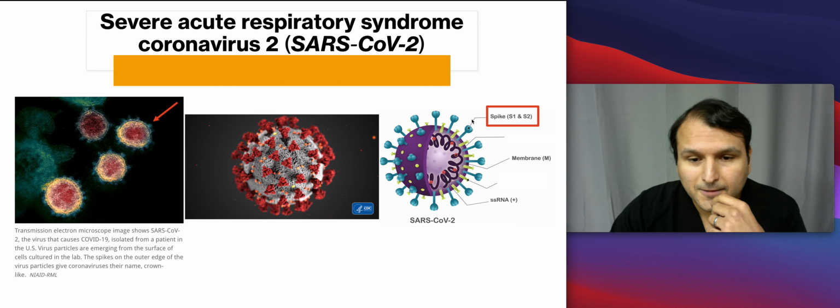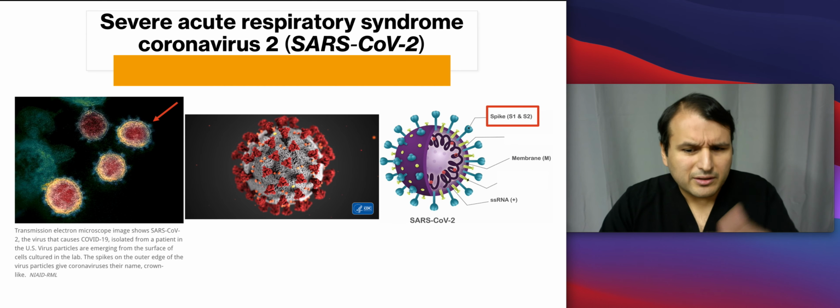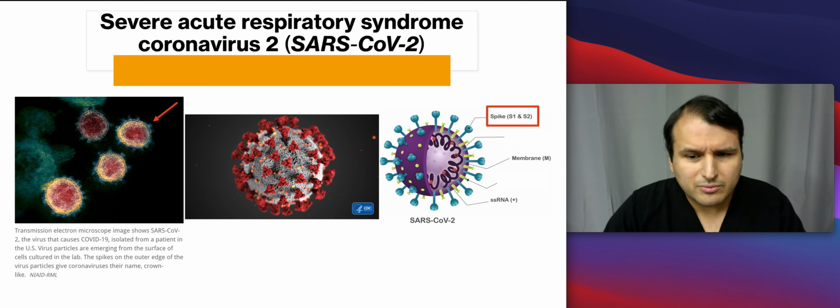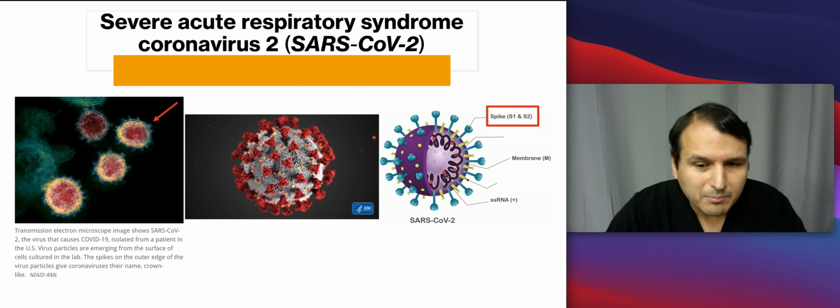I'll show you a picture of what the S1 and the S2 look like. But there are also some important things you need to realize when you look at this. The membrane is going to be very important when we talk about the structural integrity of the virus. But the RNA is also very important.